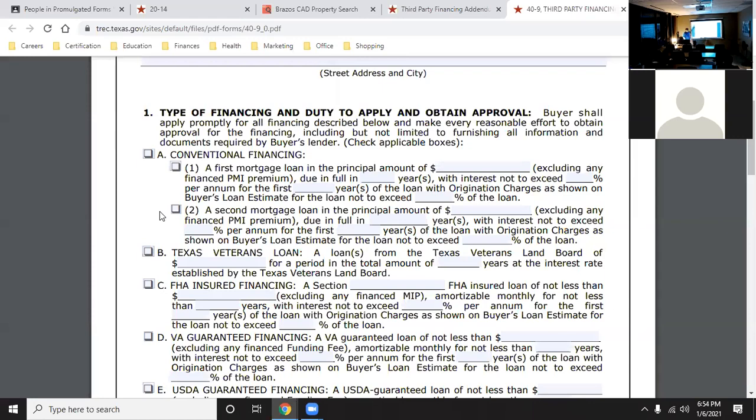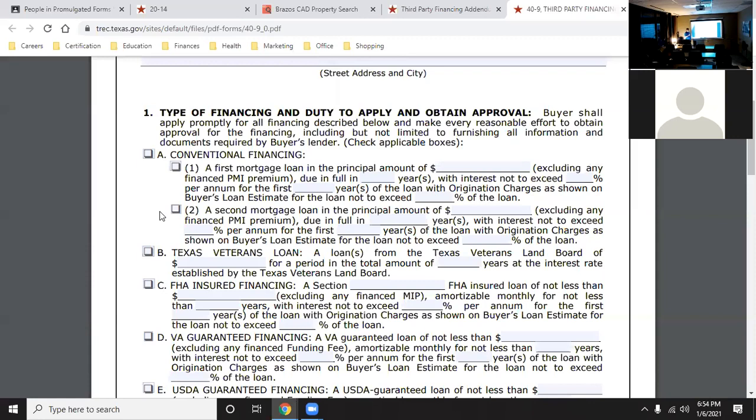So again, you'll notice that under paragraph 1, the very last thing before you go to A, it says check applicable boxes, meaning it can be multiple boxes. It doesn't have to just be one. Another key thing, a mistake agents make all the time: they see conventional financing, they start filling everything out, but they don't check the boxes next to it.